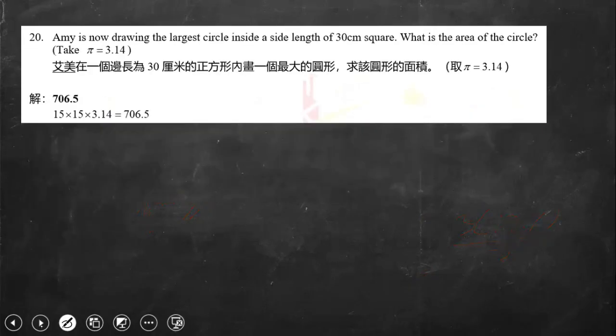Next problem. Amy is now drawing the largest circle inside a square with side length 30 centimeters. What is the area of the circle? Well, let's draw the square. If the circle has to be the largest, then it has to touch the sides of the square, right? So the diameter of this circle is going to be equal to the side of the square.